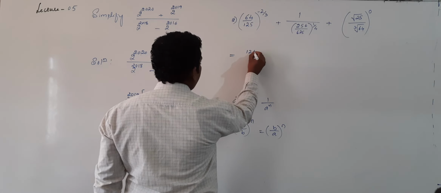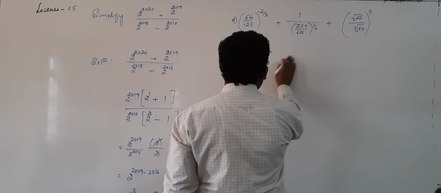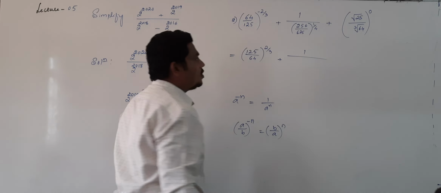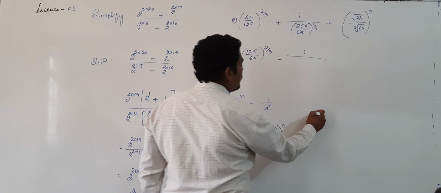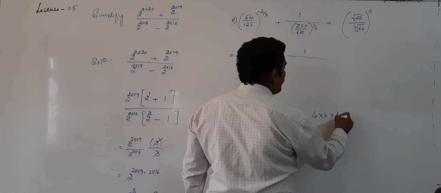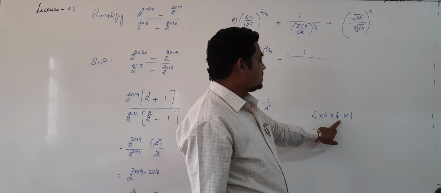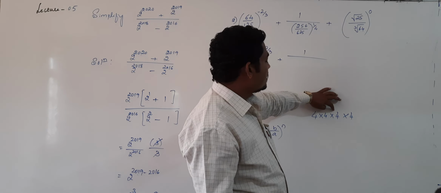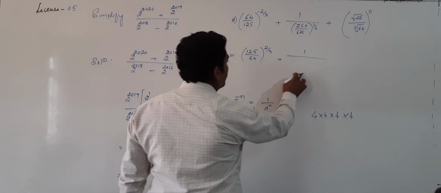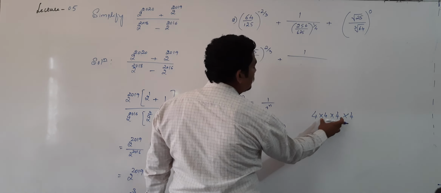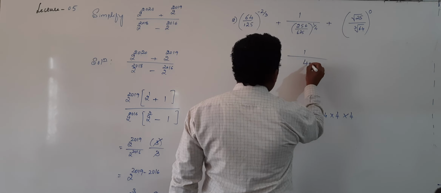B by a means (125 divided by 64) to the power 2 divided by 3, plus 1 divided by 256. 256 is nothing but 4 into 4 is 16, 16 into 4 is 64, 64 into 4 is 256, so 4 power 4.